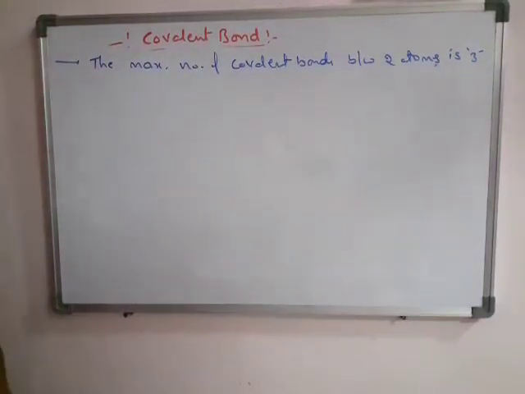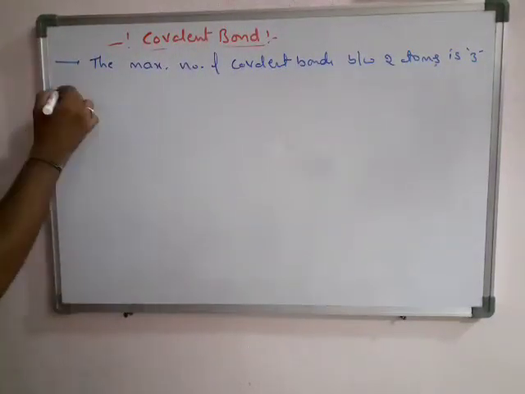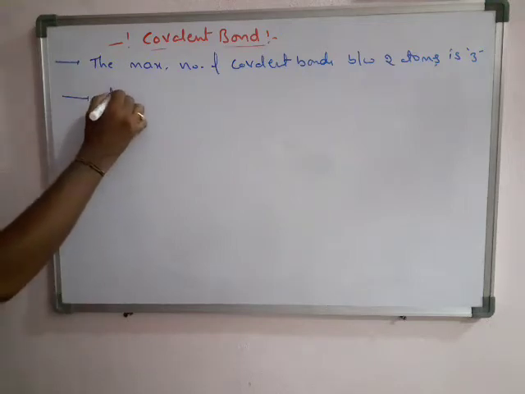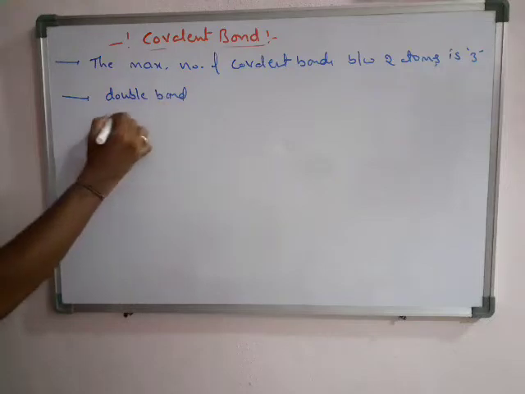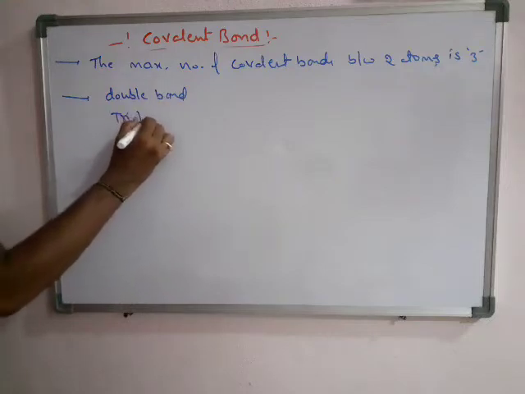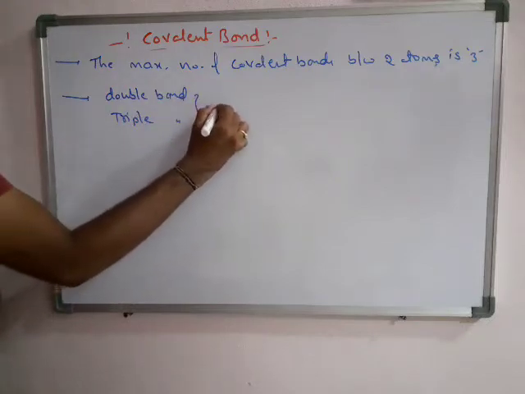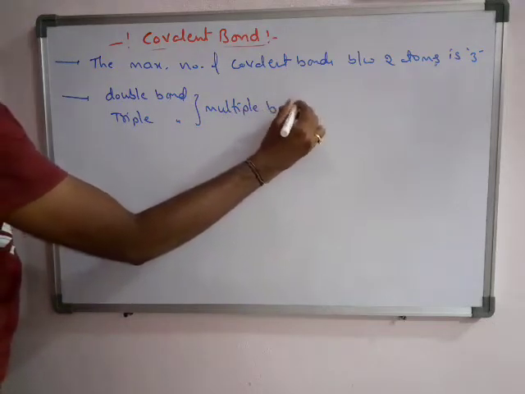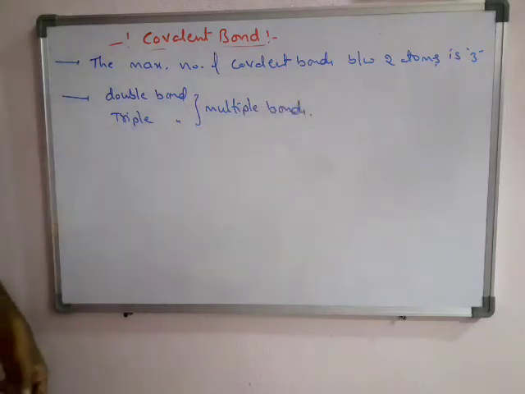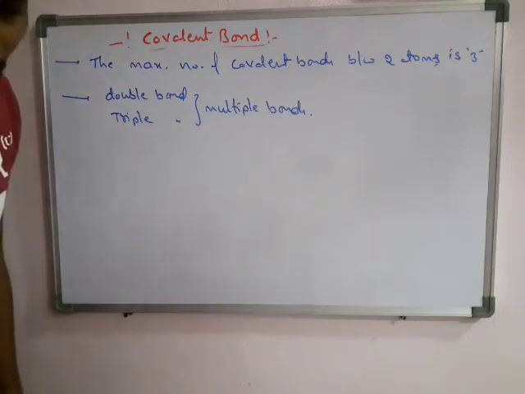Now we see the formation of some examples. Here see this double bond. Double and triple bonds are separately known as multiple bonds. Multiple bond means it may be a double bond or it may be a triple bond.